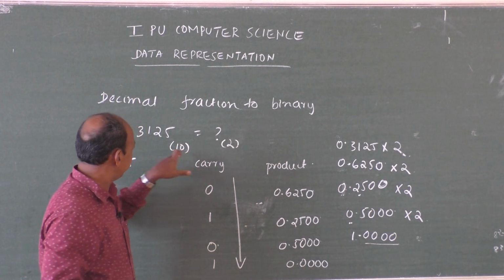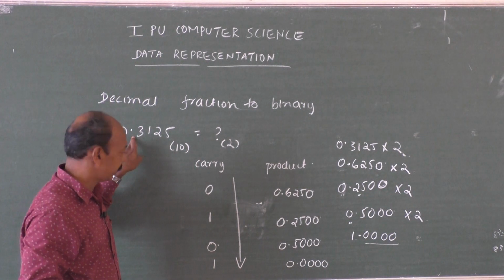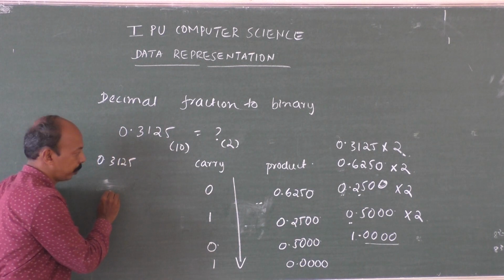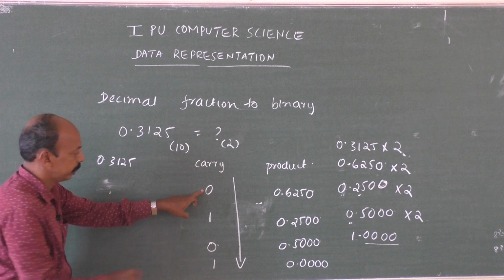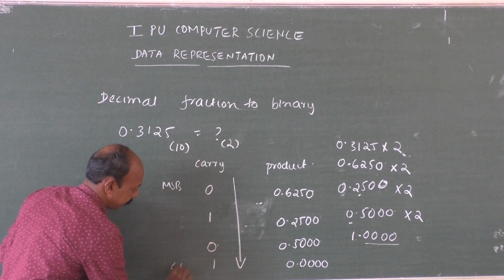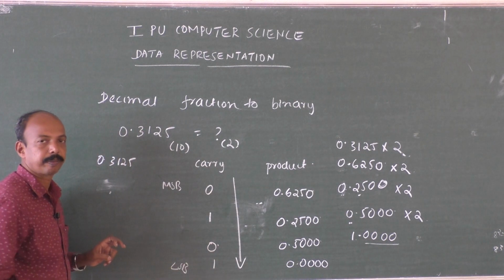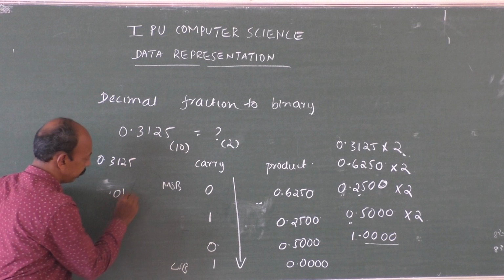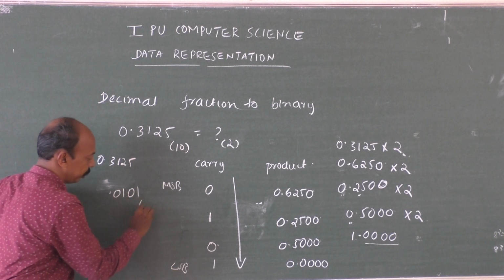Since it is a fraction, we have to write a dot, that is a binary point. What's the first value? This will be the MSB and this will be the LSB in the fraction part. So it will be 0, 1, 0, 1 to the base 2.